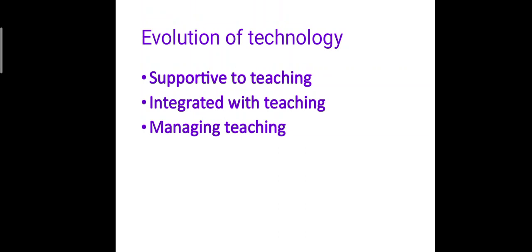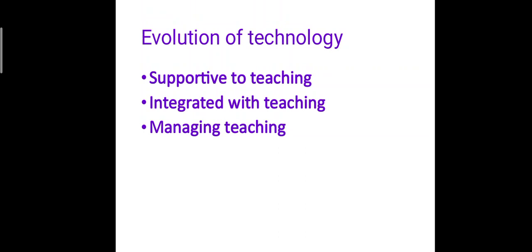And the third category, the recently evolved system of education by the evolution of technology, is managing teaching. Technology manages teaching. That is in the form of learning management systems.